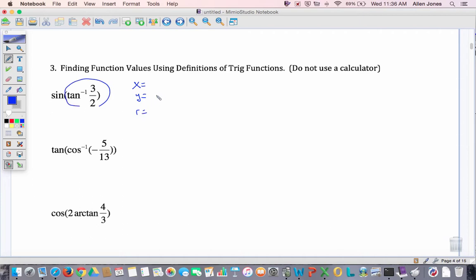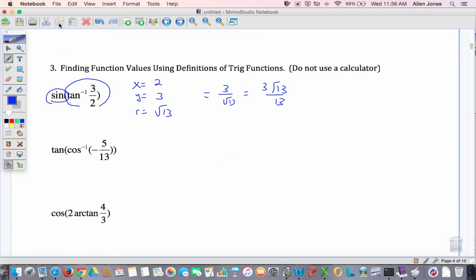So skipping that intermediary step, we're just going to simply identify x, y, and r from our inverse function here. Its tangent is y over x. So I have a 2 and 3. 2 squared plus 3 squared is 4 plus 9, or the square root of 13. And now sine of that angle is going to be y over r.